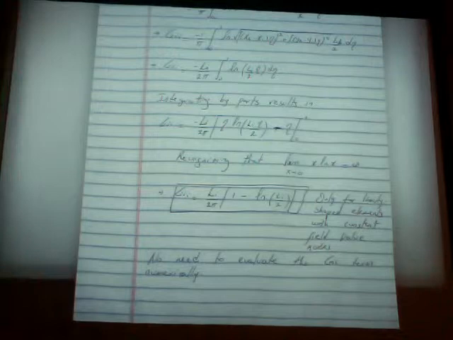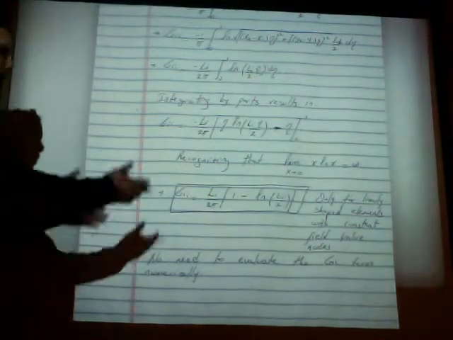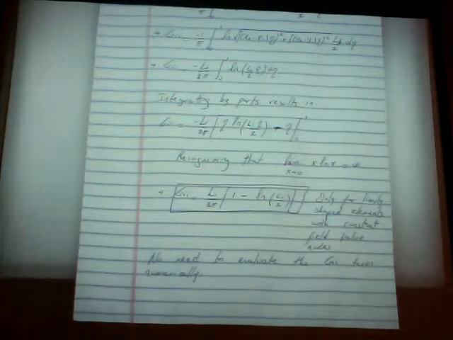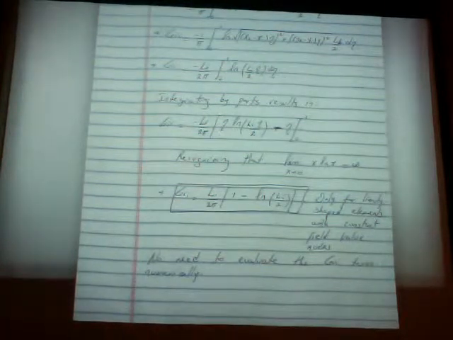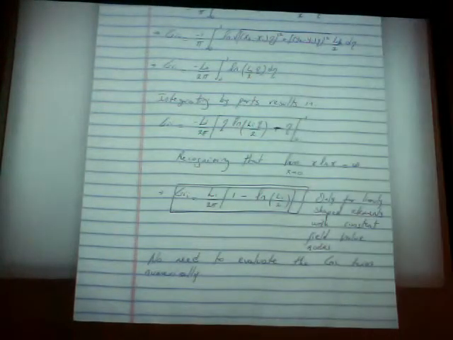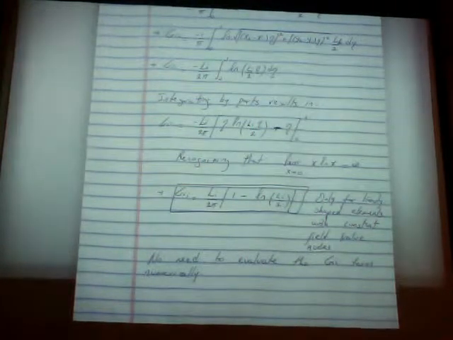You can still do it by adaptive numerical integration. But why go through the hassle of having to integrate when you can just use that for the diagonal element? All right.